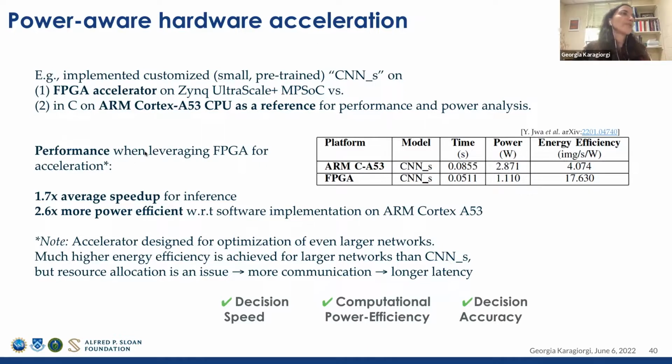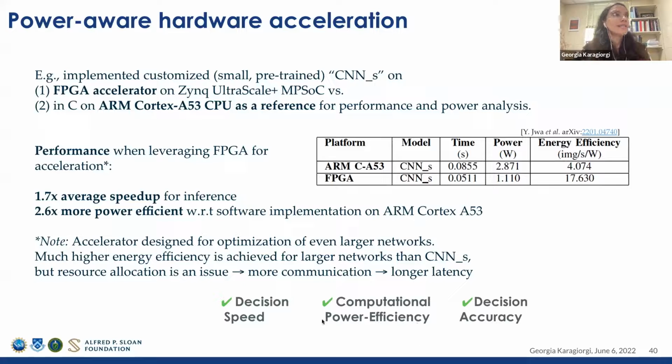And we saw that the performance when leveraging the FPGA for acceleration was improved, with an almost factor of 2 increase in average speed up for inference, and also a factor of 2.5 more power efficiency with respect to the software implementation on the CPU on the chip.